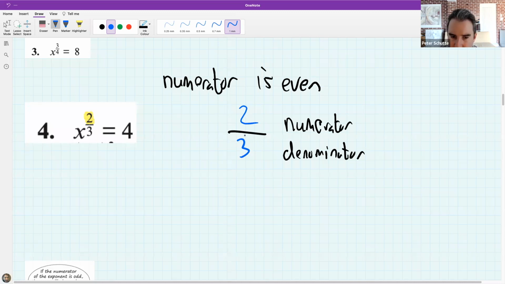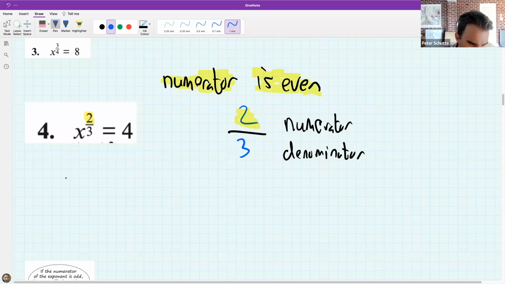Just give me a thumbs up if you understand the difference between numerator and denominator. And what I'm saying is when the numerator is even for this type of equation, you're going to have two answers. You're not just going to have one answer anymore. But then the question is, how do you get the two answers?